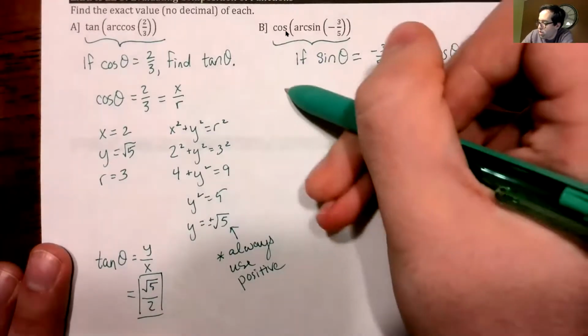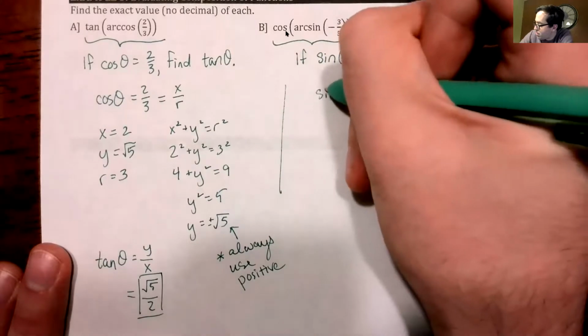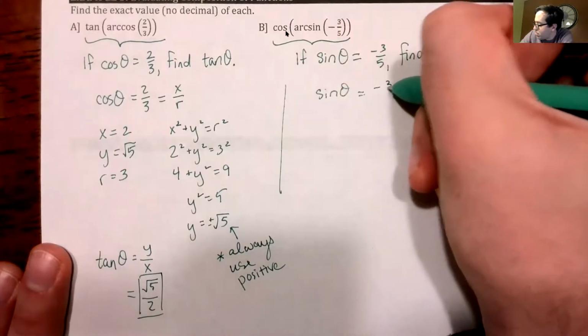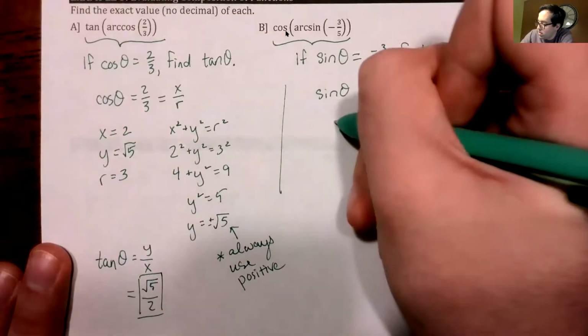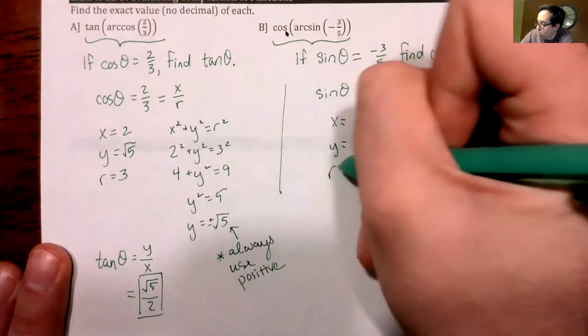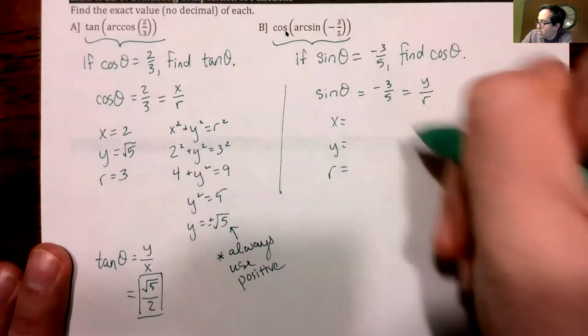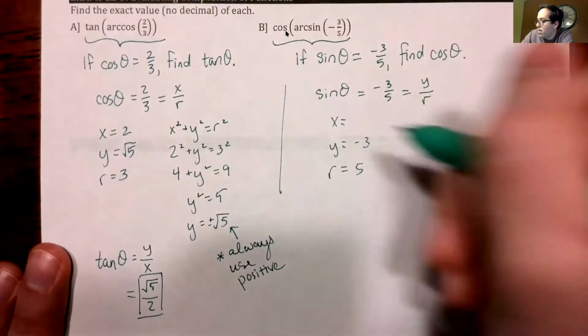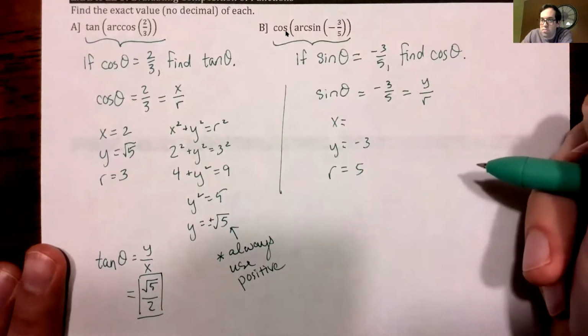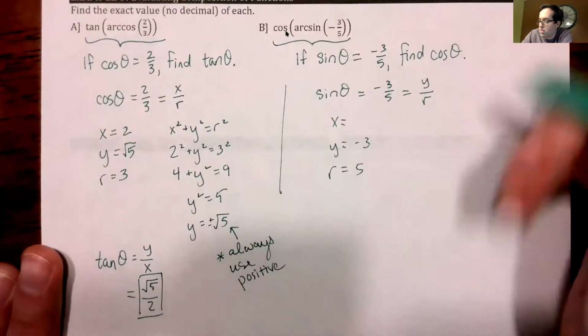So let's try to do that work. We have sine of theta equals negative 3/5, which is y over r. I'm going to list out x, y, and r. I know the y has to be the negative part because r is always positive. And I'm missing x, but I'm going to make it positive once I solve for it.